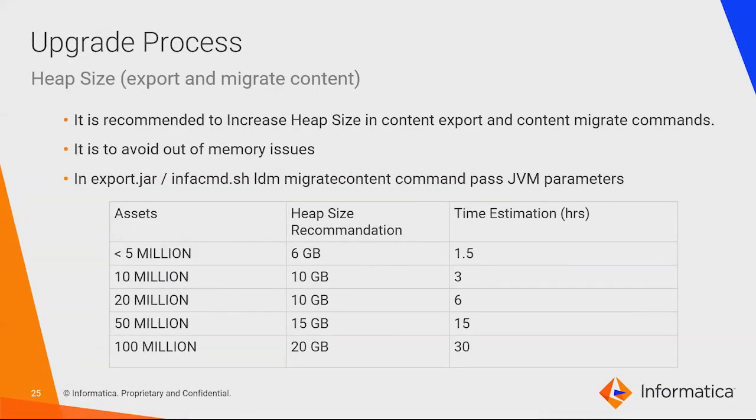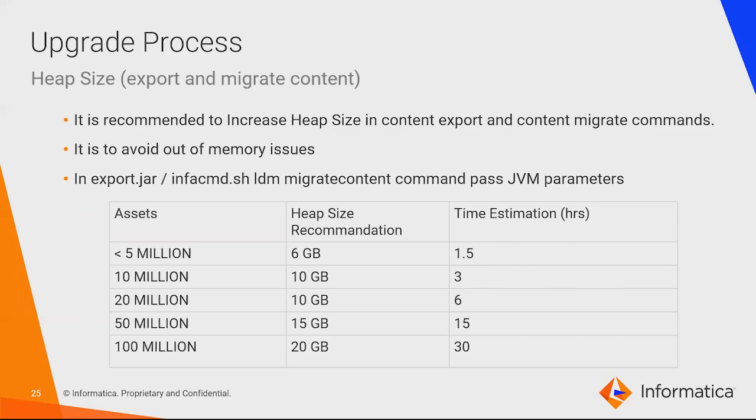In terms of the upgrade process, you might want to tune the heap size in case you have a lot of assets that need to be migrated. That is, obviously, to avoid out-of-memory issues and to make sure that the migration goes in a timely manner.